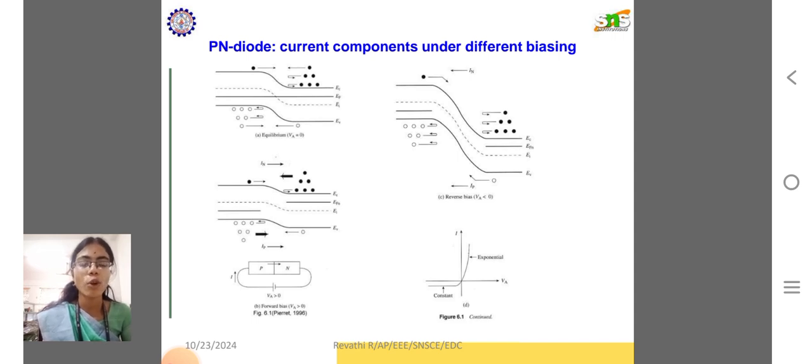In P type, holes act as the majority carrier and electrons act as the minority carrier. In N type, holes act as the minority carrier and electrons as the majority carrier, where the majority carrier tries to attract the minority carrier from the other side of the junction.